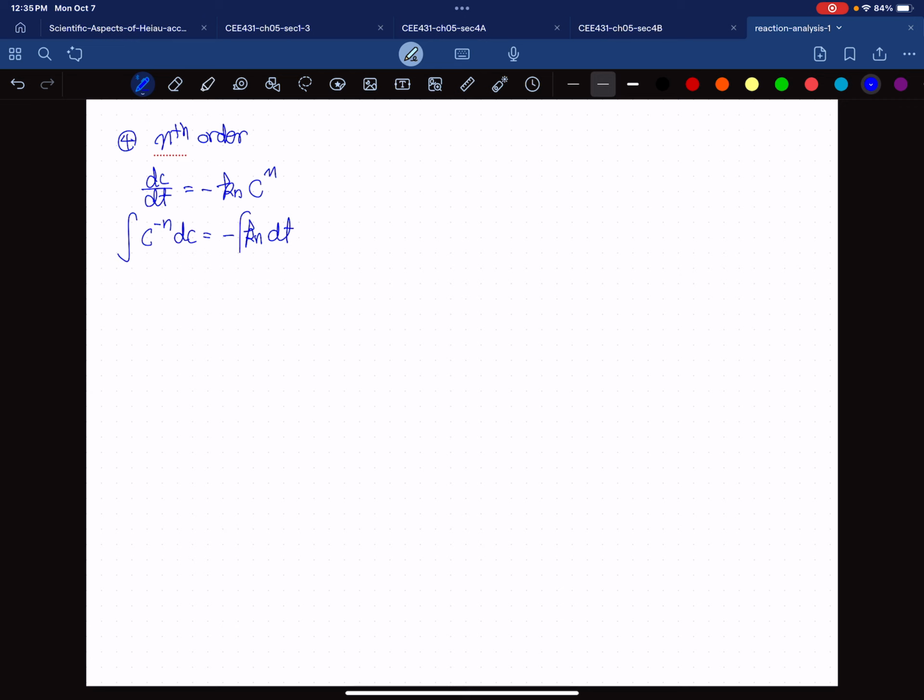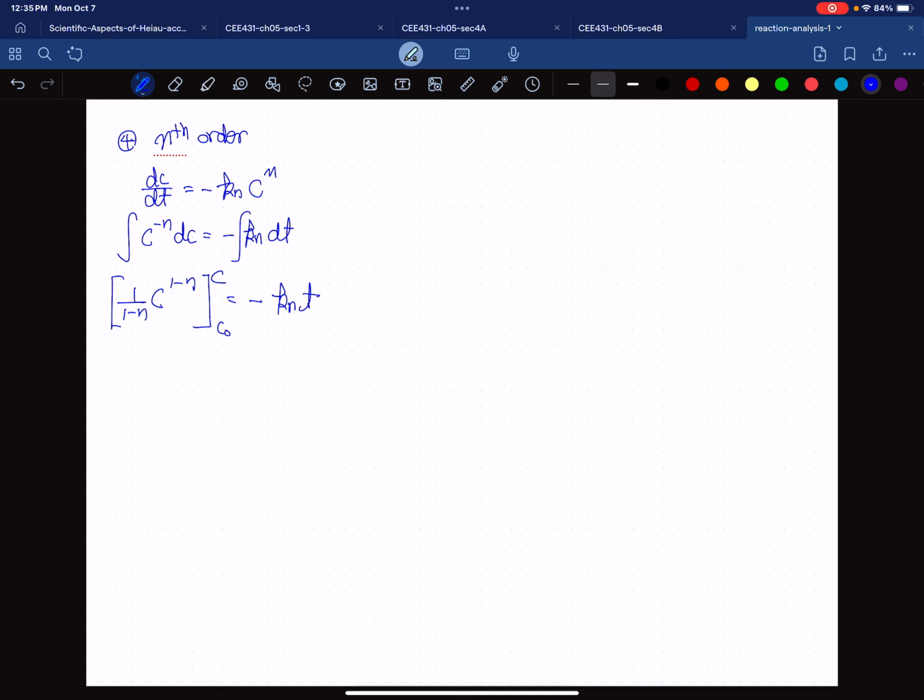You integrate it. If you integrate this, you actually need to add 1 to the power, so C to the power of 1 minus n, times 1 over 1 minus n. If you differentiate this, then that would be C to the power of negative n. And that is from C naught to C. Then your right hand side is always linear to time t, negative kn t.